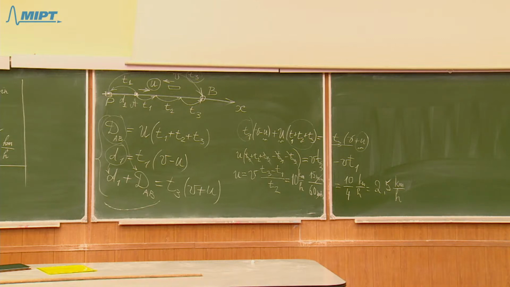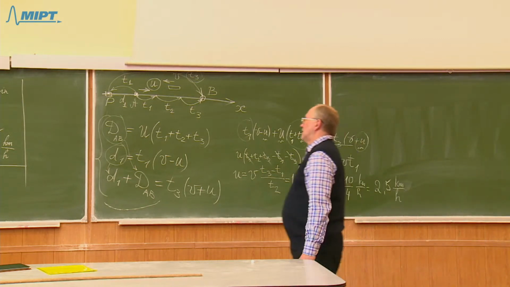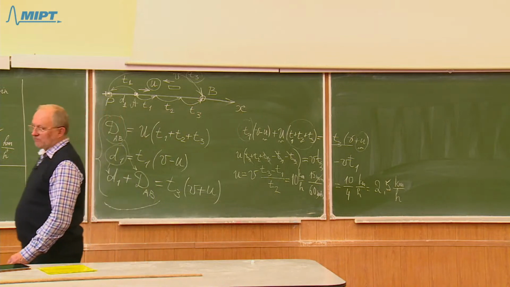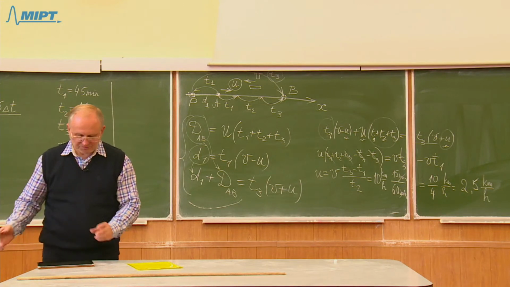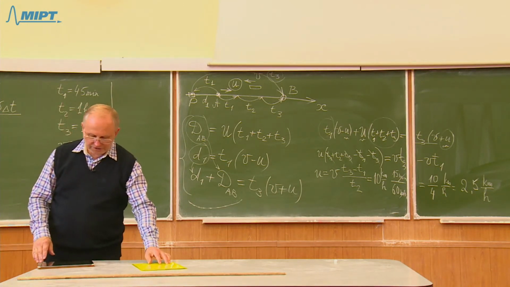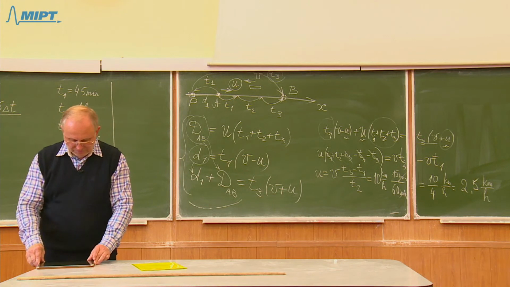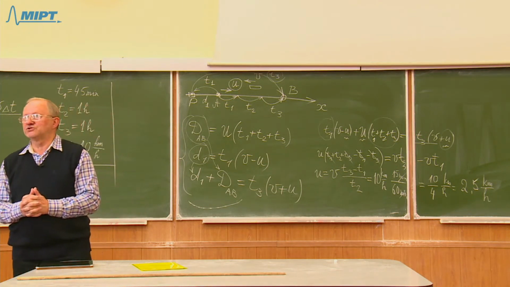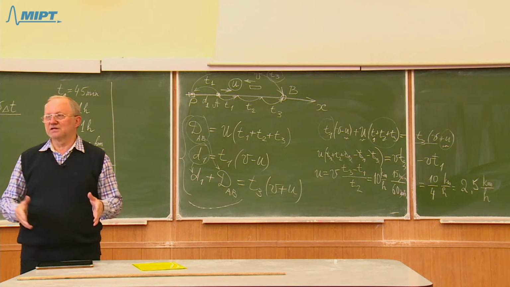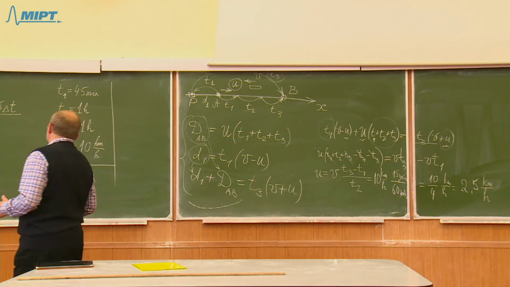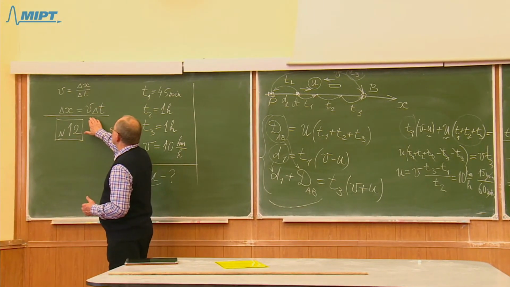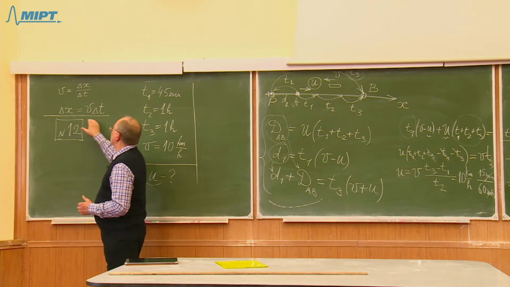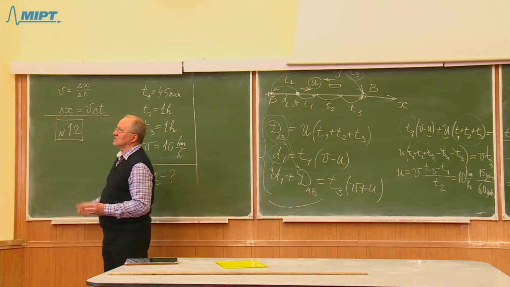Such is the analytical solution to this problem. And I remind you that this is problem number 12 from Buchovtsev. If I'm not mistaken, this problem is not included in your homework. But anyway, other problems which you have to solve in your homework are very similar, because all the problems are on kinematics of uniform motion and use this basic equation, which connects the distance traveled by a material point, its velocity, and the time interval.